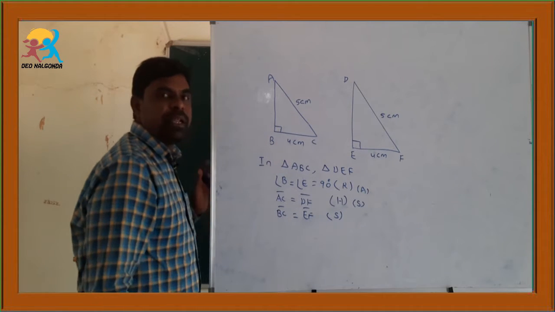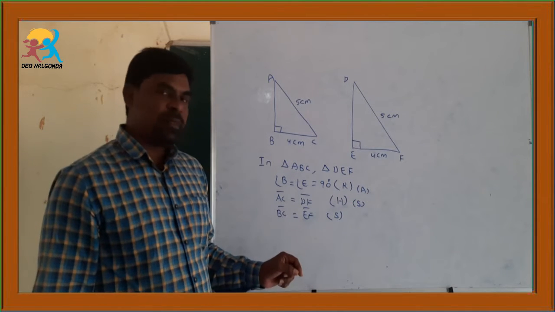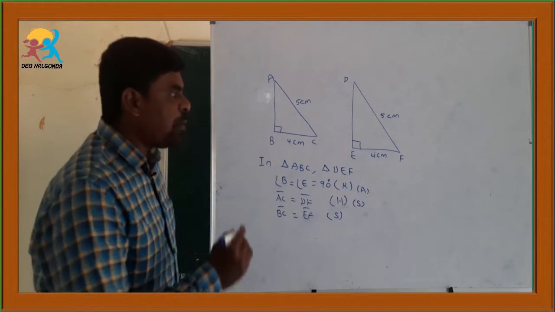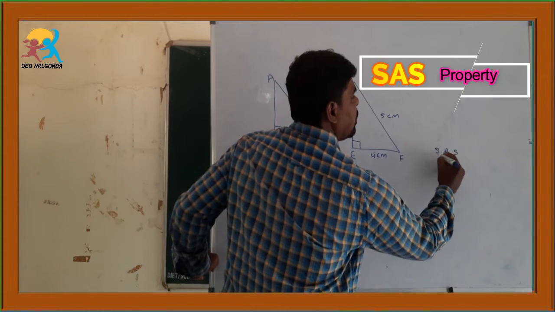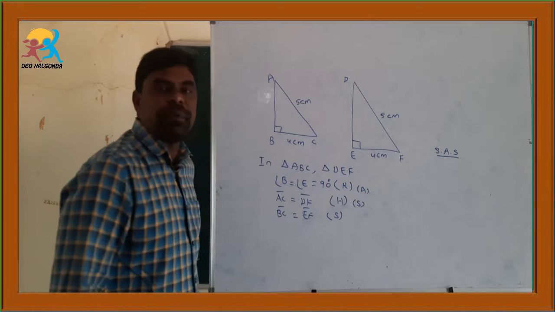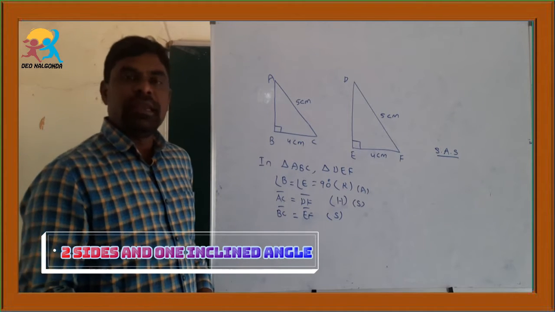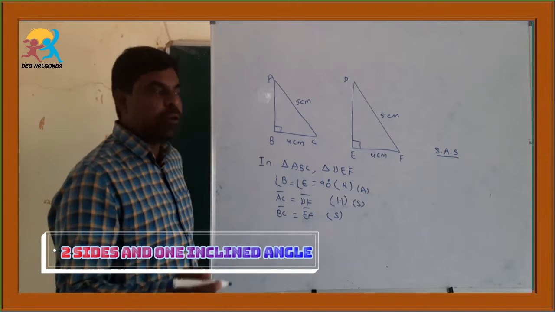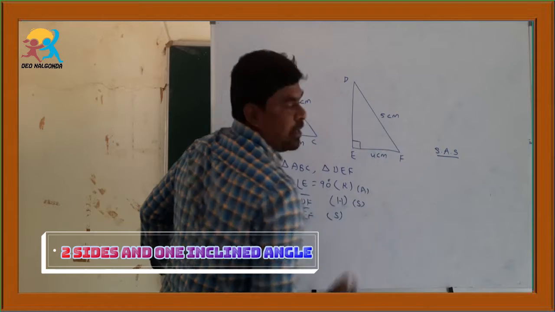Is there any property regarding SSA property? No. We have a property, that is SAS property. What does SAS property say? In a triangle, we take two sides and one included angle.